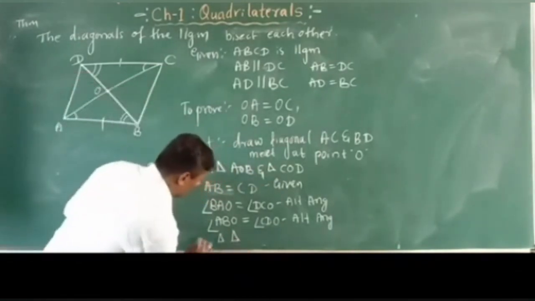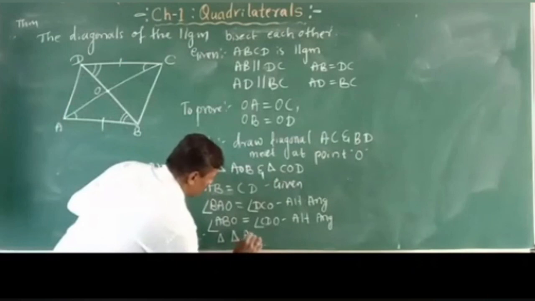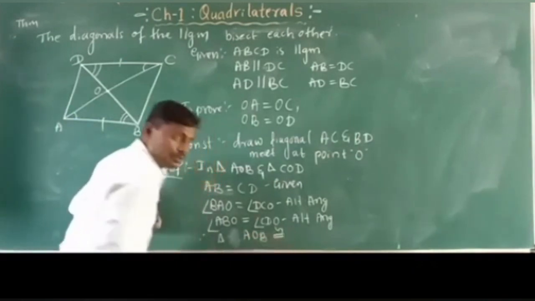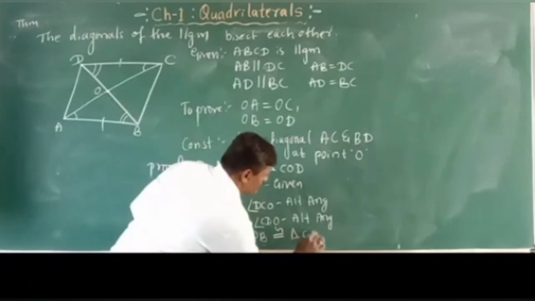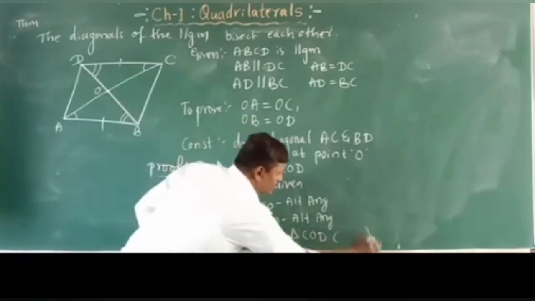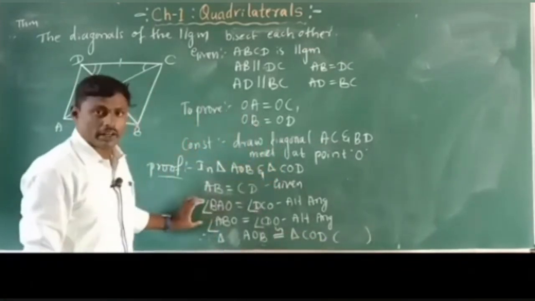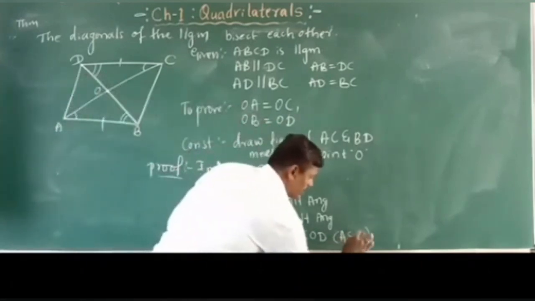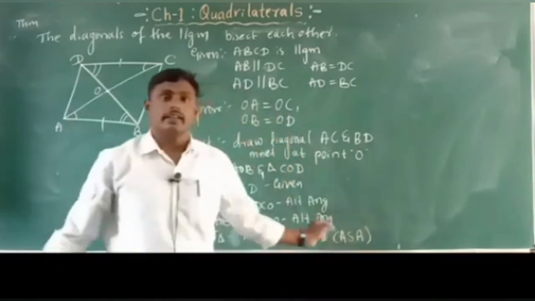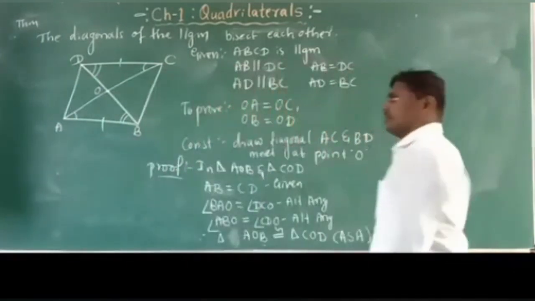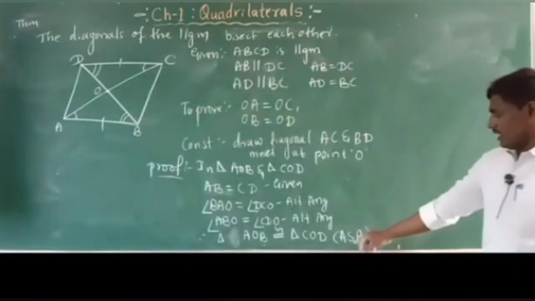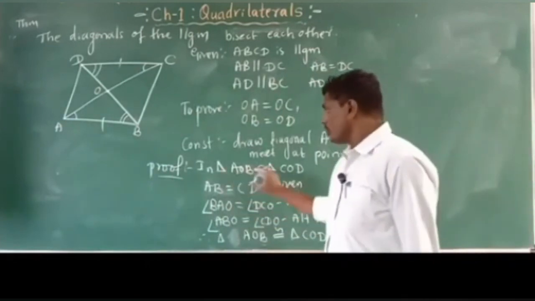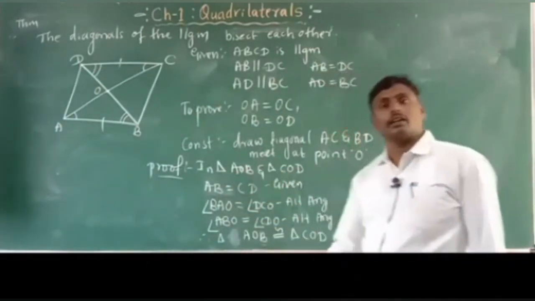Therefore, triangle AOB is congruent to triangle COD. By using the congruence criteria, here we are considering two angles and one side. So angle, side, angle, that is ASA. Right? By using the ASA criteria, we proved the given two triangles are congruent.